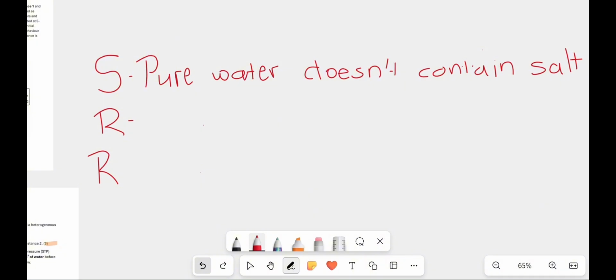Why are we saying that? That's our statement. Now we need to further elaborate because we're not giving much detail here. The examiner wants to know why you're saying that. You need to explain. Then you're going to say the dissolved salt or salt particles increase the boiling point.